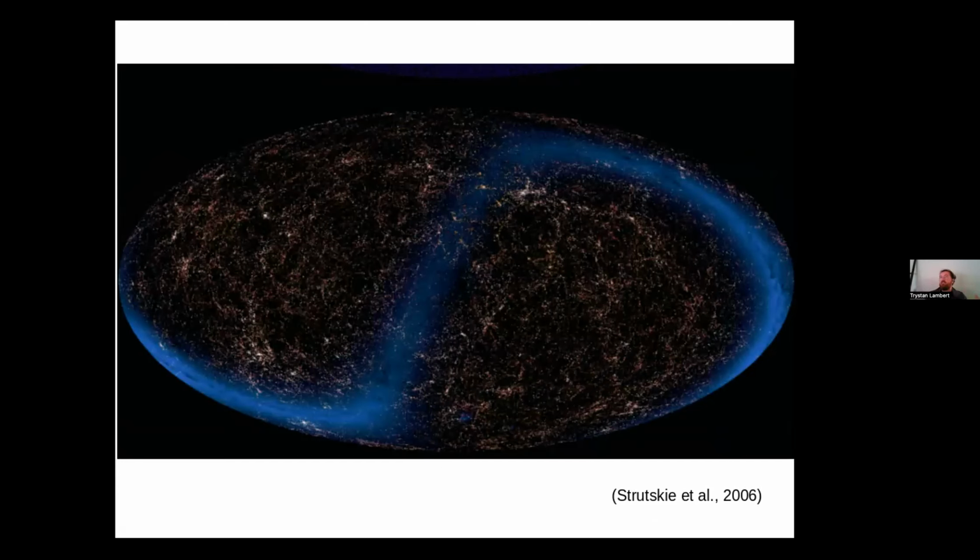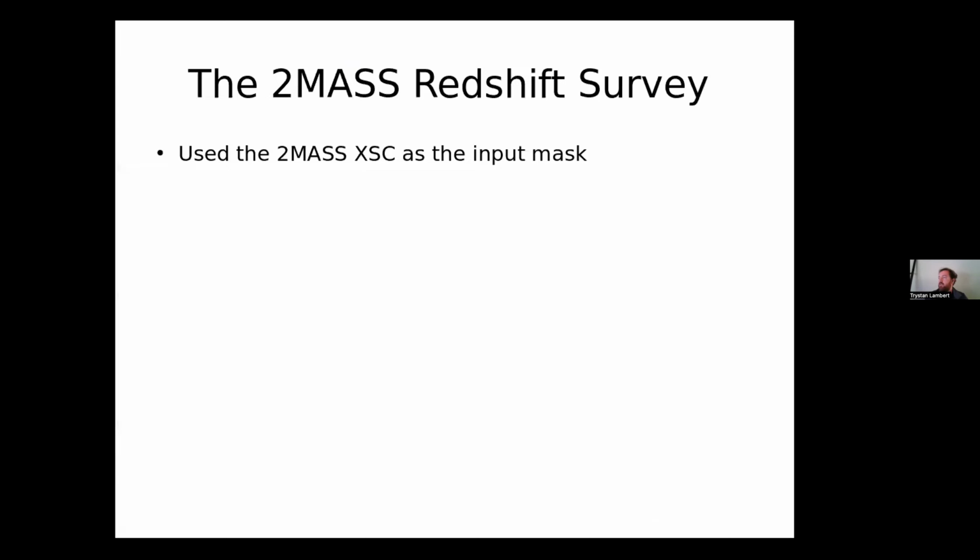So we have this massive data set of galaxies with their 2D positions on the sky. And when we're looking at large-scale structure, what we would really like is to have a 3D map of the universe. So this brings in the 2MASS Redshift Survey, which uses this 2MASS extended source catalog as the input mask.